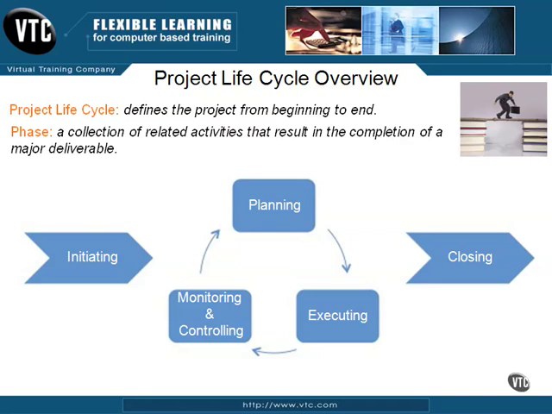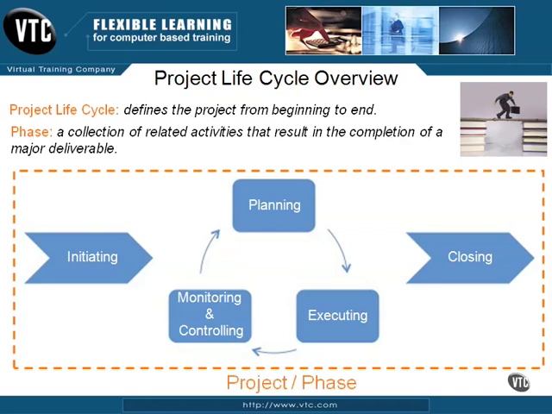Whether all of these process groups and processes within them are utilized simply depends on whether they're needed for that phase. The processes within the PMBOK guide are meant to be used within project phases and within a project overall. So what you see on the screen can also represent the entire project.